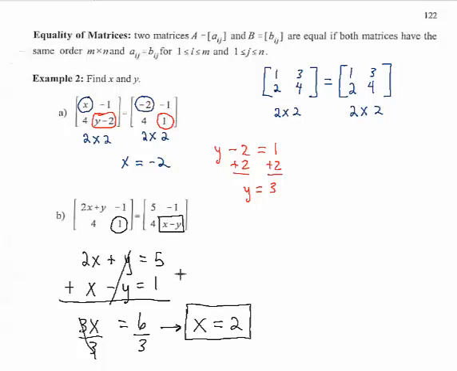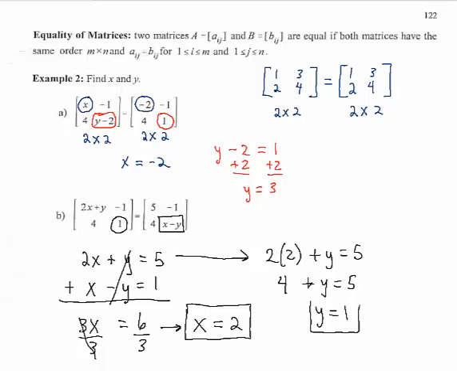Then I can take either one of these equations that I had in the beginning, plug in x, and solve for y. So this is 4 plus y. If I subtract 4 from both sides, I end up with y equals 1. So x is 2, y is 1.